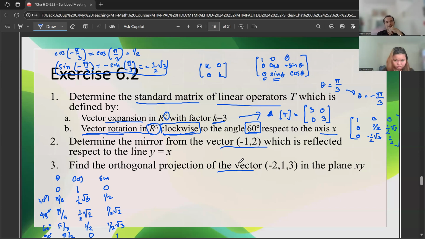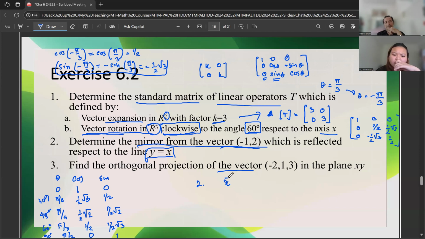Number 2, what is the mirror of these vectors if we reflect it to the line y is equal to x? What is the mirror, or what is the result of reflecting this vector with respect to the line y equals x?